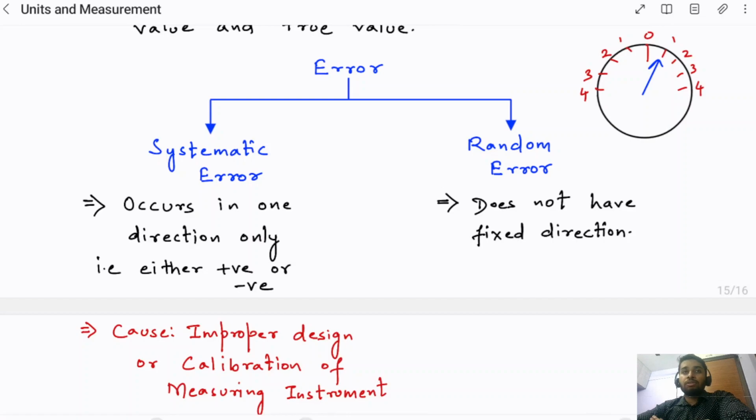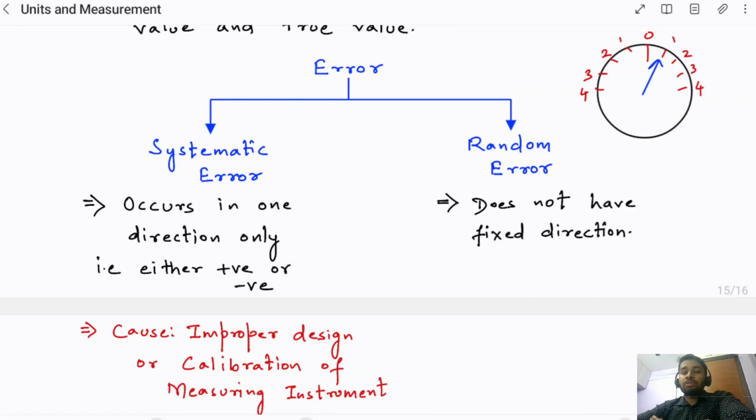So that is how systematic error works. Here the error is always in one direction, and even if later after the measurement we realize that we have made some error, there is a high chance that we will be able to rectify it.